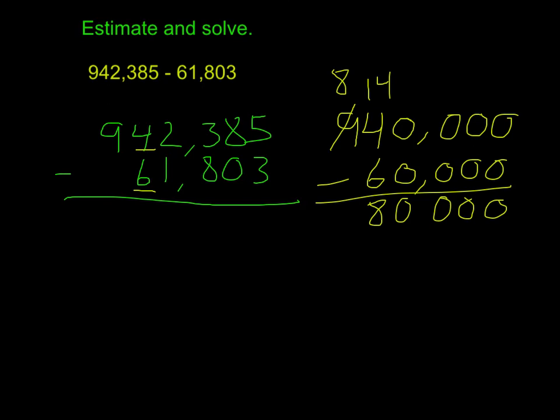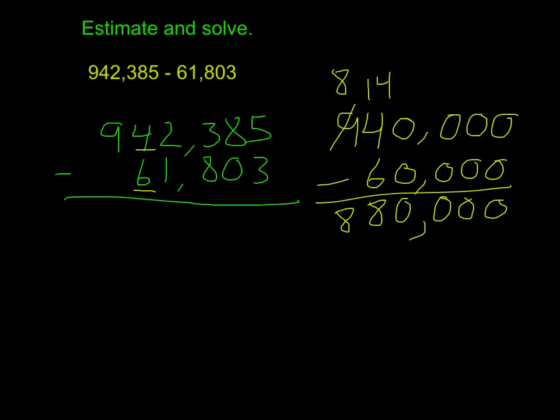And then our 8 that we have left over there, we're going to just bring straight down because 8 subtract 0 is 8. And that gives us a 880,000 as our estimate. Now we are going to solve our actual problem.